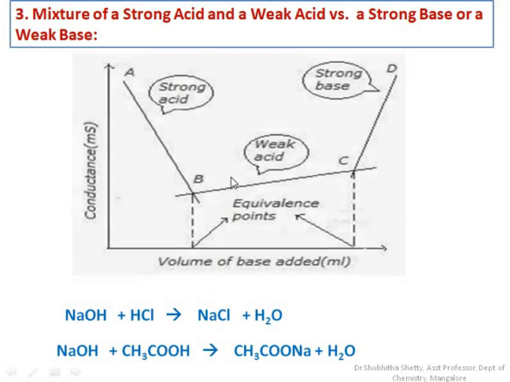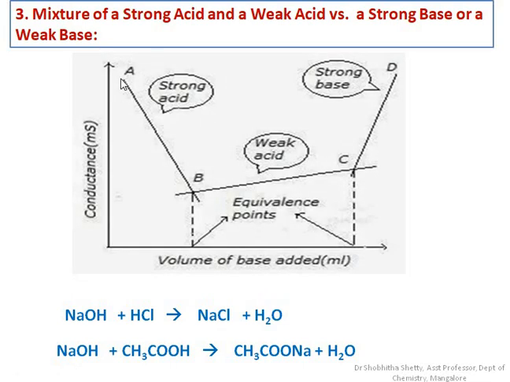So how do you expect the graph? First, neutralization of HCl. You can see points B and C here. These are the two equivalence points. First, point B corresponds to the neutralization of the strong acid, hydrochloric acid. The second point is the neutralization of the weak acid, acetic acid.